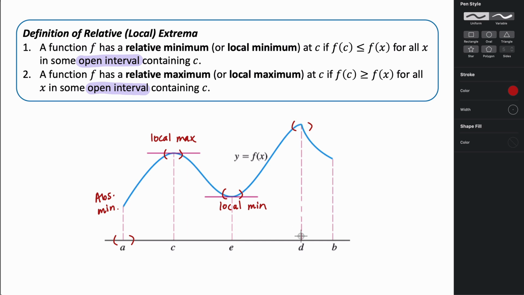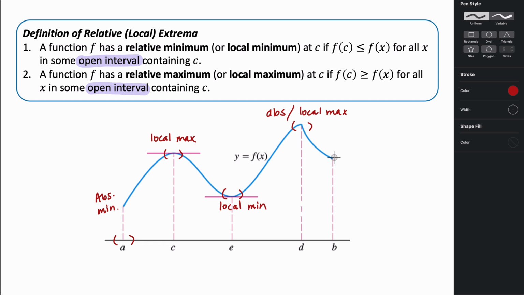The point at D is the highest point in some immediate surrounding area, which means it's going to be a local maximum. But not only is it a local maximum, it's actually the highest point of our entire function. So it's both an absolute and local maximum.